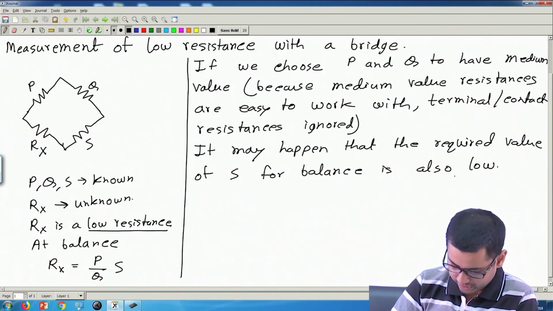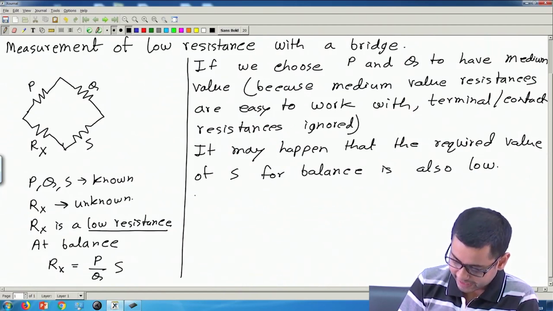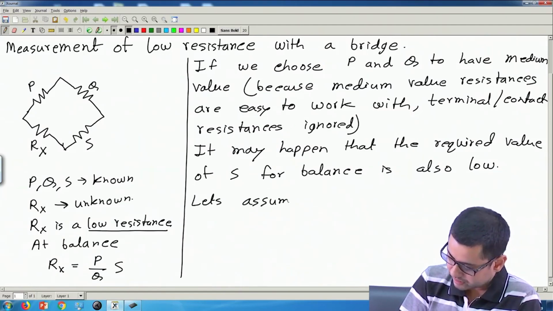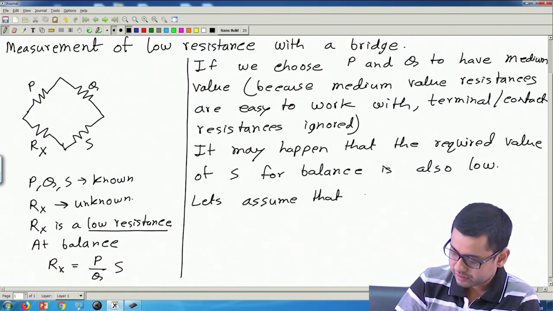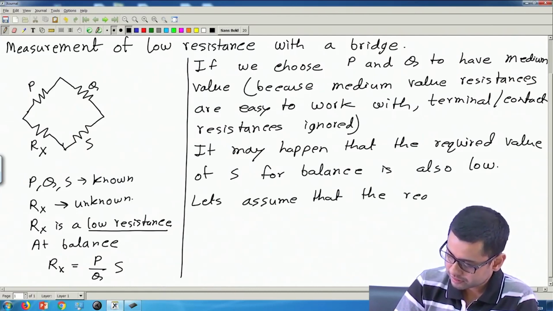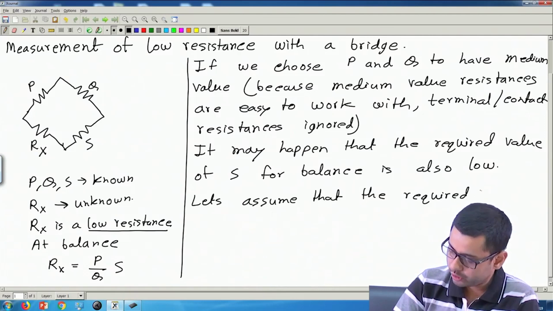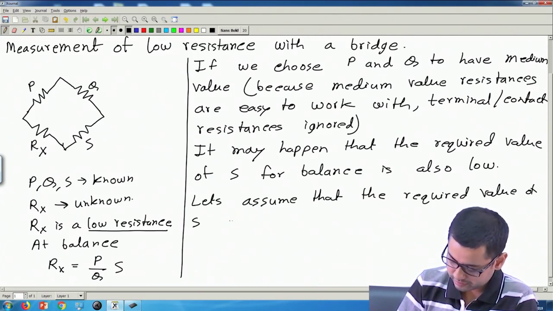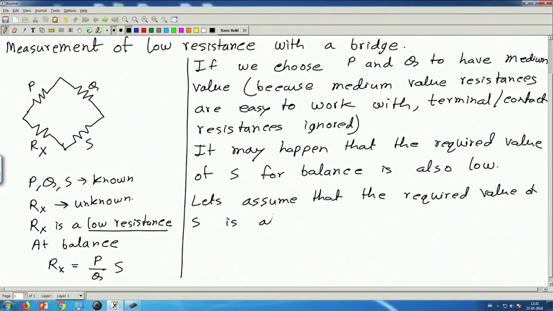Okay, so let's assume that the required value of S happens to be small, also low.